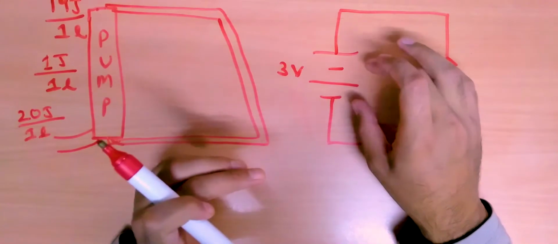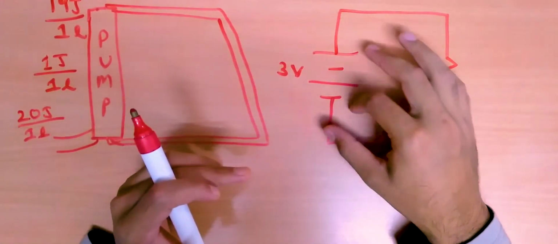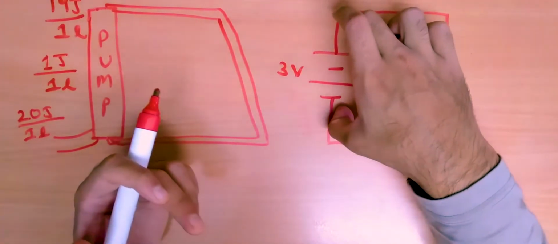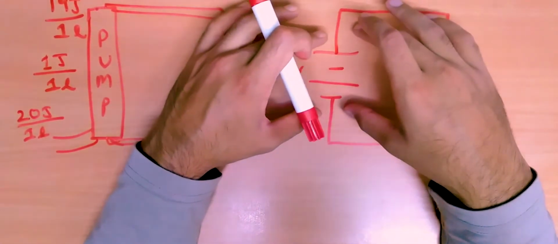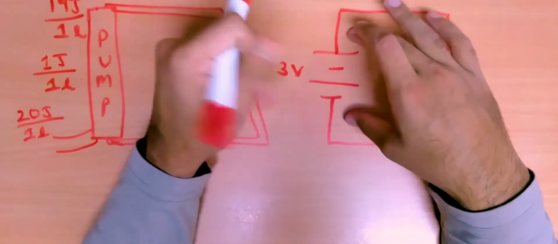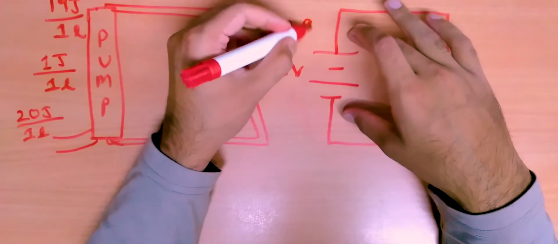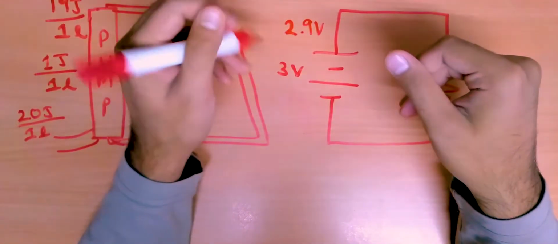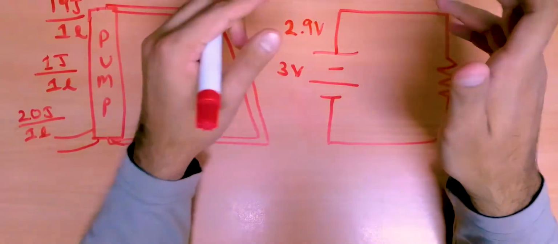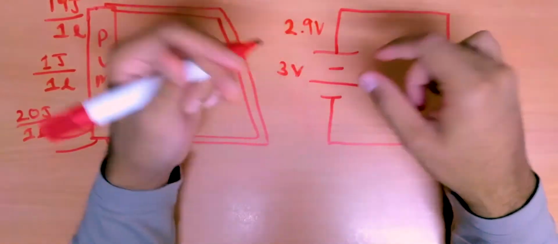The battery will have to spend some energy for every coulomb of charge to overcome this slight resistance inside the battery, and so the net potential difference that it is able to create across its terminals would be slightly less than these 3 volts. It would be 2.9 volts or something. I mean, it could be anything lower than 3 volts, right? And that 0.1 volts would be lost as heat, energy, and maybe other forms.